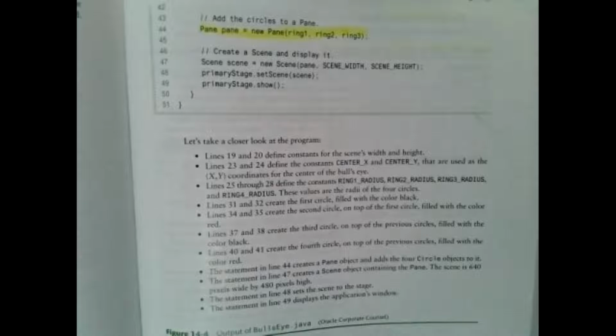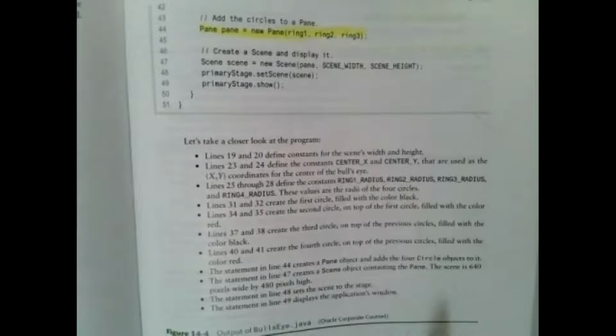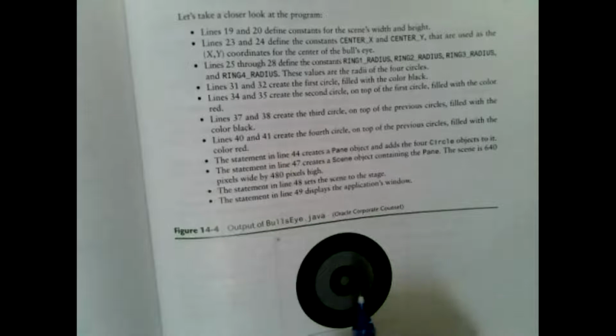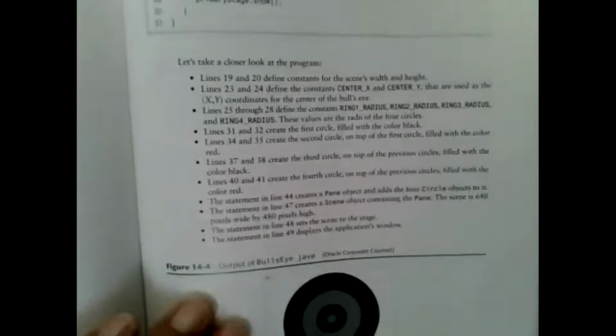Yeah, because they overlay over top. Ring 1 is my biggest ring, and that would be that black, that whole outer. When I do the next ring, it's going to overlay over top of it. Then I did the black ring and then the smaller ring inside. So one of the things you want to keep in mind is that order matters.